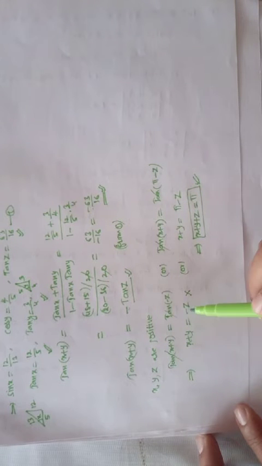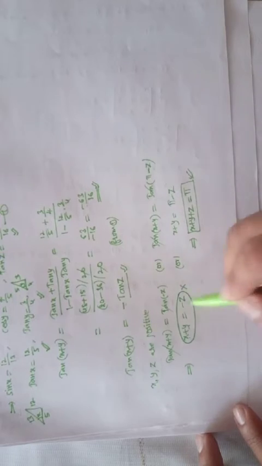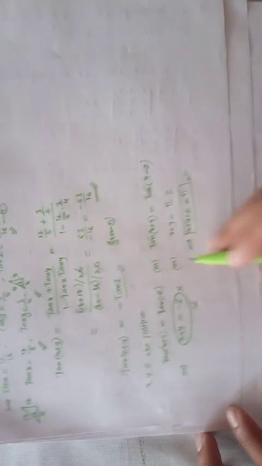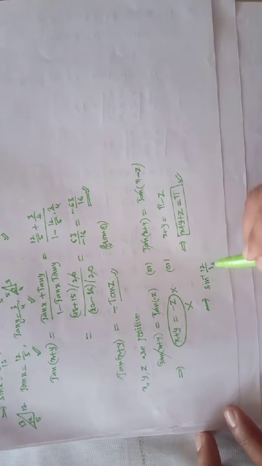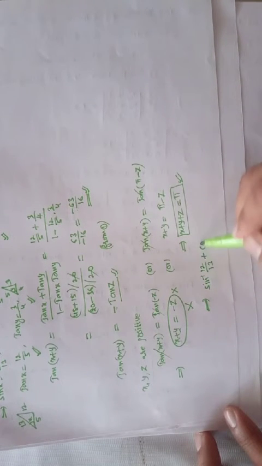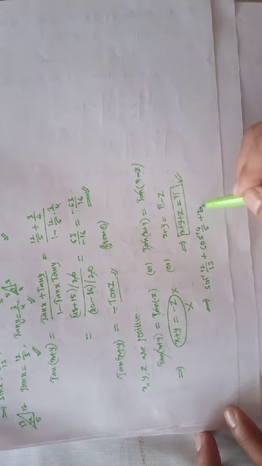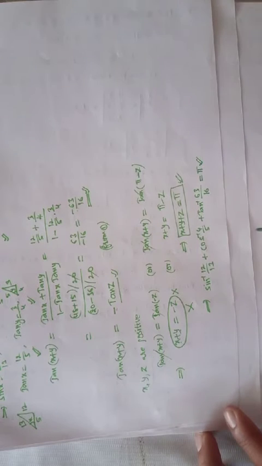Two positive terms cannot be equal to a negative term. So that's why this case will not be considered, and x plus y plus z is equal to pi. That is nothing but sin inverse 12 by 13 plus cos inverse of 4 by 5 plus tan inverse of 63 by 16 is equal to pi. So this is your answer.